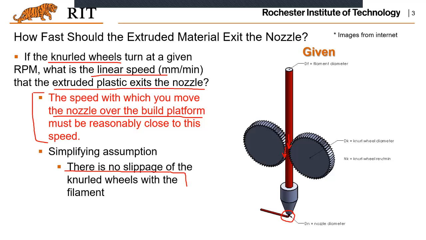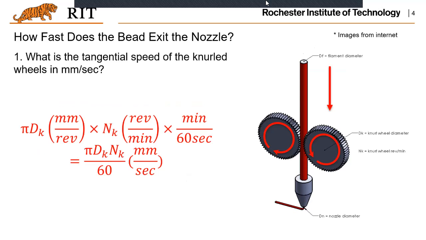All right. So another set of parameters we need to know is the diameter of the filament, the diameter of the knurled wheel, the rotation per minute of the knurled wheel, and also the diameter of the nozzle. So first of all, let's divide this whole problem into several steps.